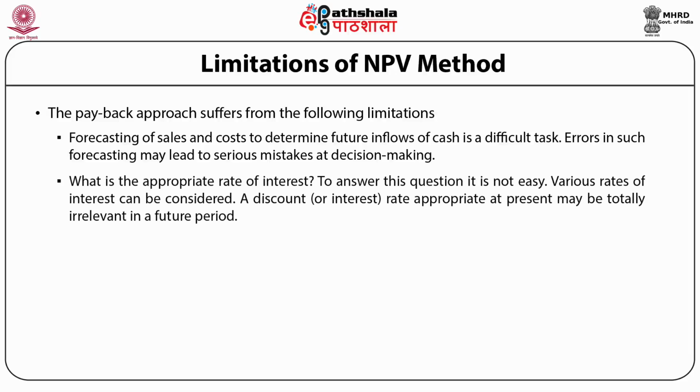Number 2. What is the appropriate rate of interest? To answer this question is not easy. Various rates of interest can be considered. A discount or interest rate appropriate at present may be totally irrelevant in a future period.